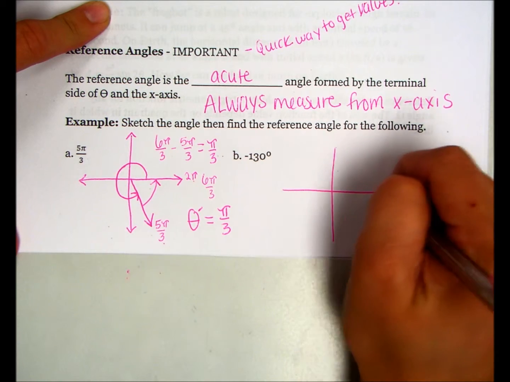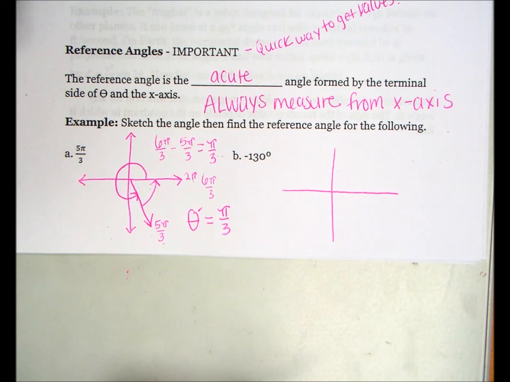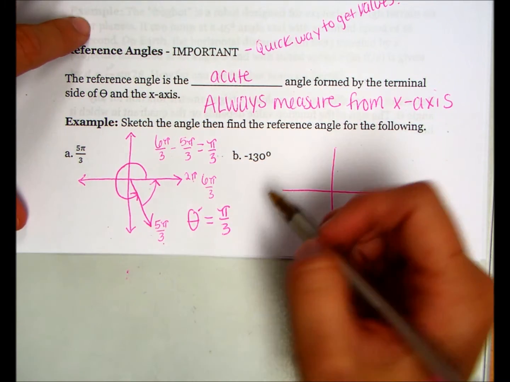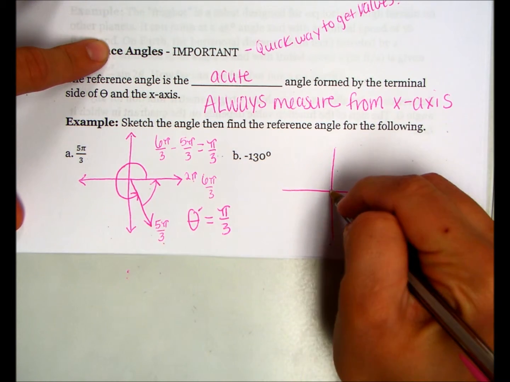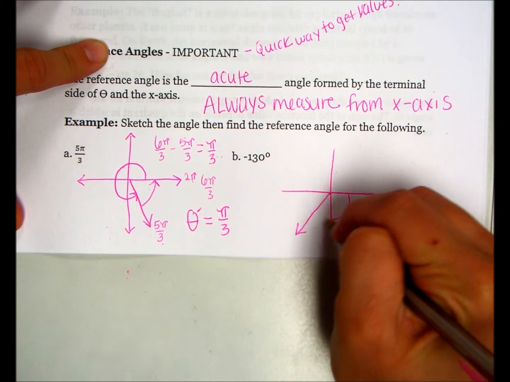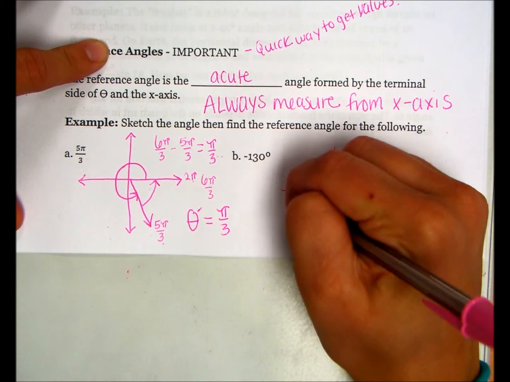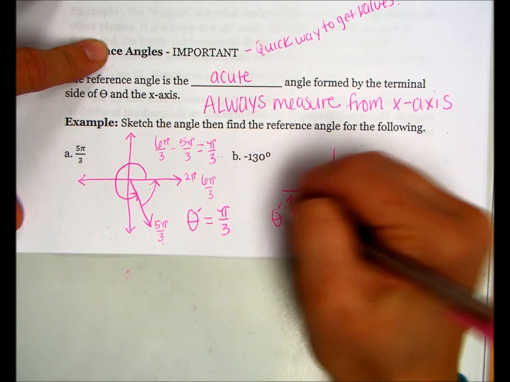If I try negative 130, I know negative 180 is here, negative 90 is here, so negative 130 is here, and I'm going this way. So the quickest way, which is my reference angle, is here.